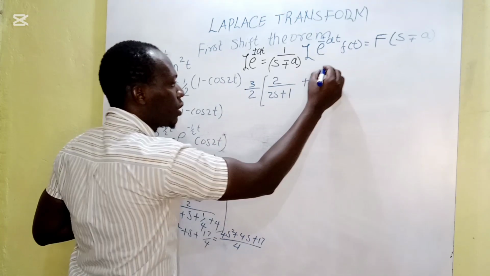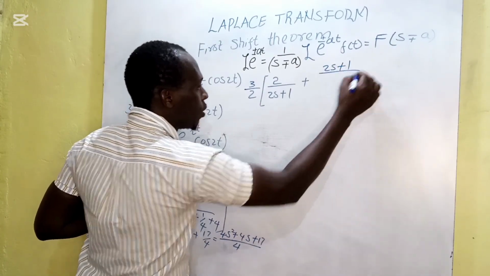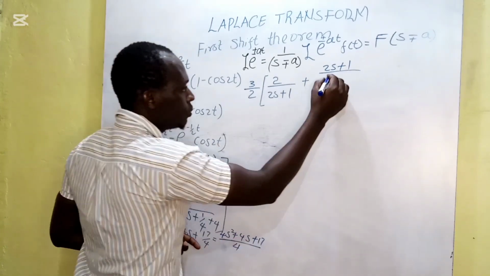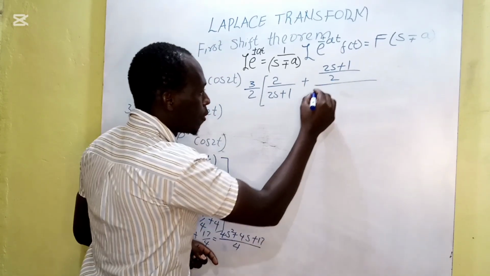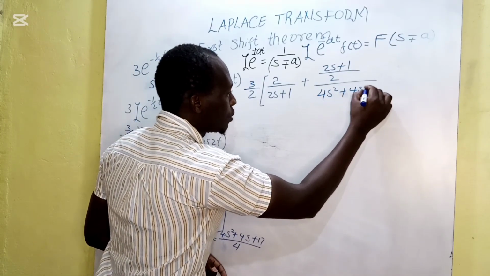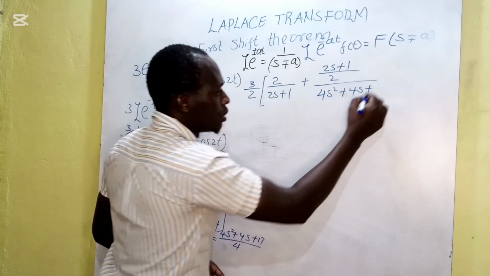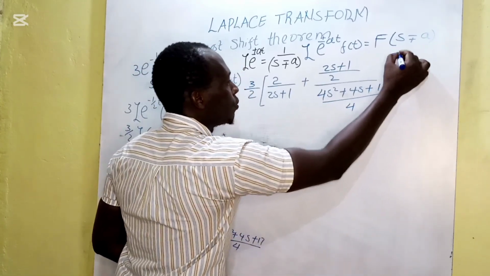So here we are going to have 2s, we add to 1 all over 2, everything is going to be all over 4s squared, we add to 4s, we add to 17, everything is now going to be all over 4.